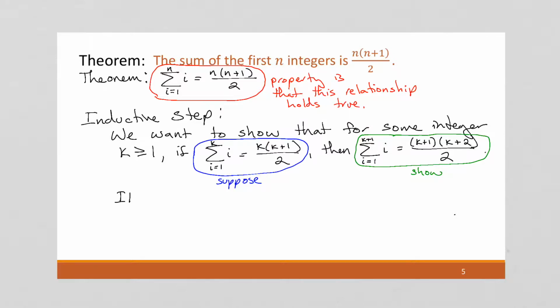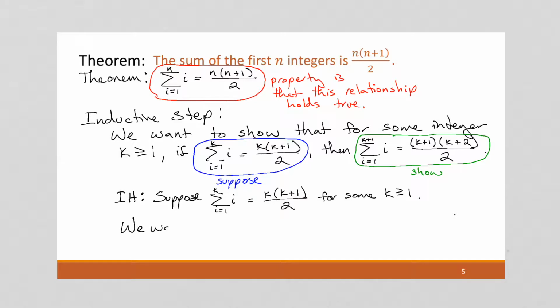So we can say our inductive hypothesis, suppose this, and then we want to show that this works with k plus 1.